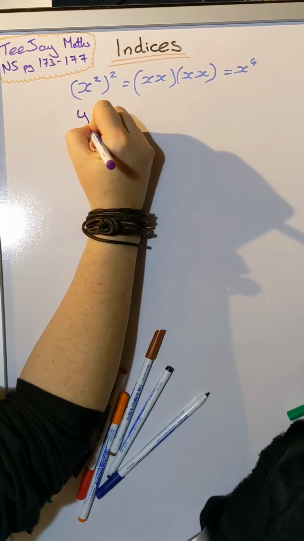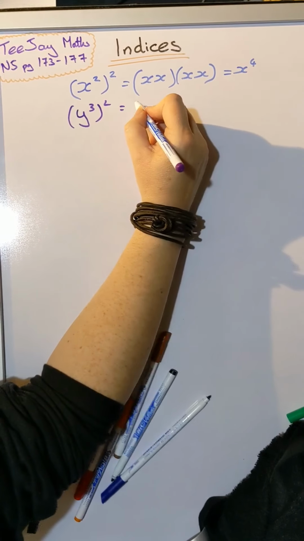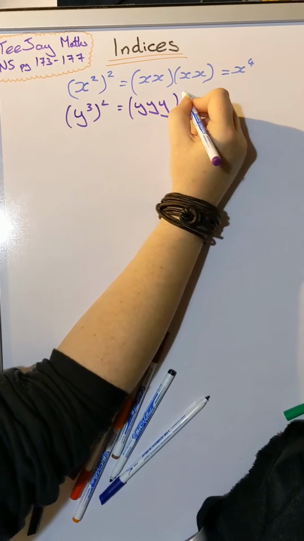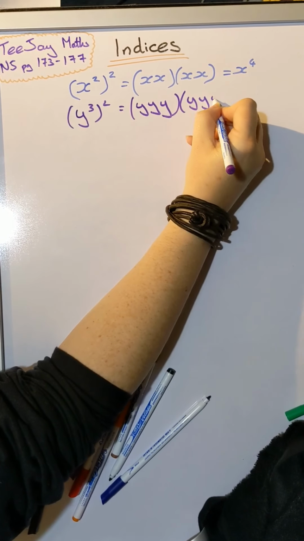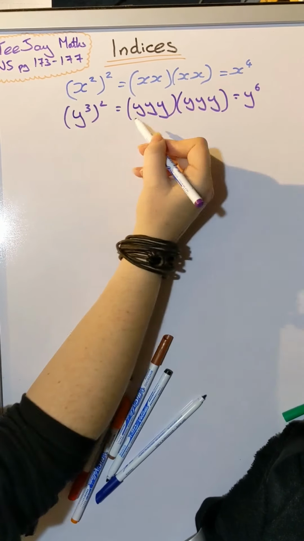If we have y cubed and square it, we have y times y times y times y times y times y, which is y 6 times.